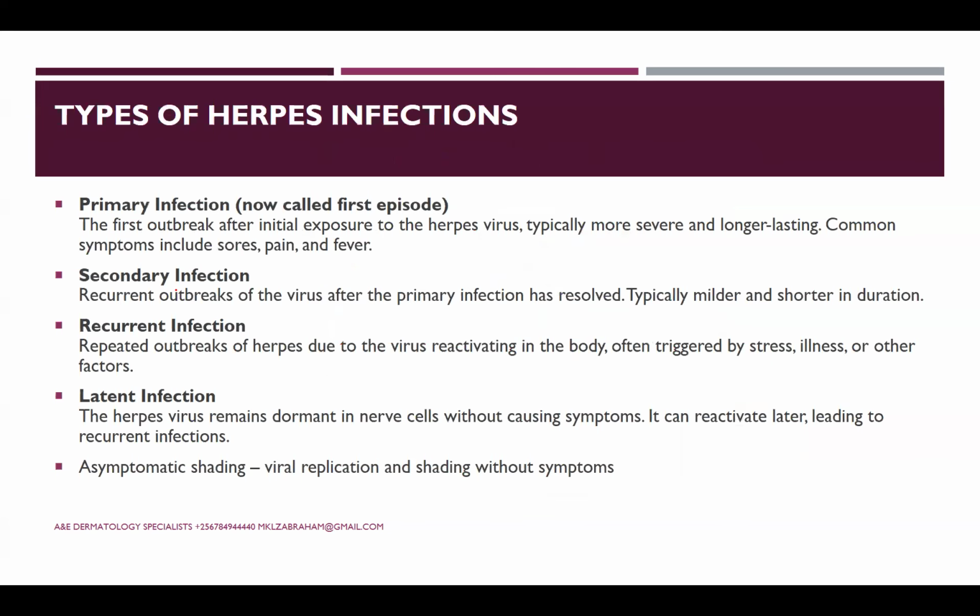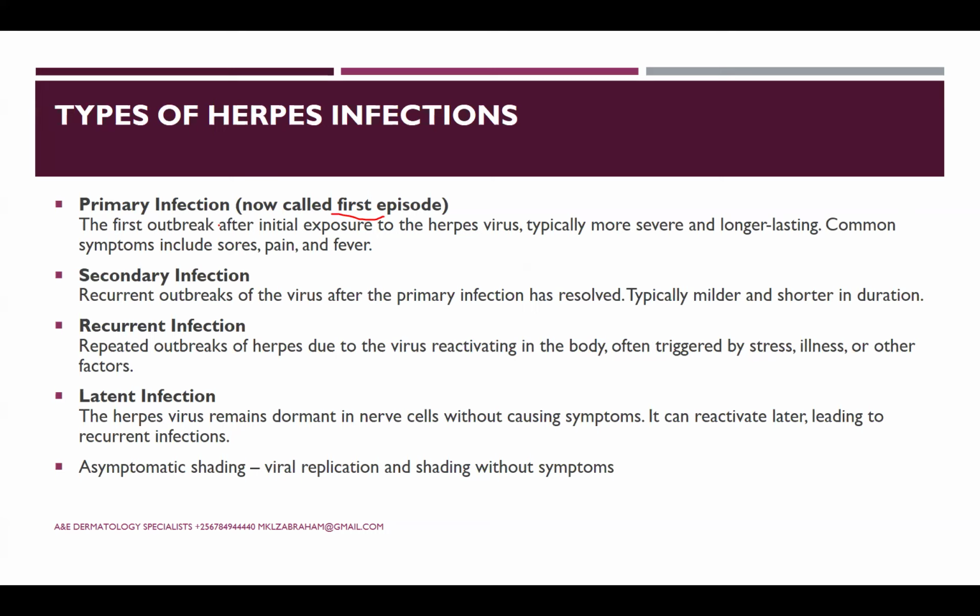When we look at herpes infection, we usually classify it into 4 types. The first one we call the primary infection, which is now called the new episode, or the first episode that an individual gets. This occurs when you get exposed to an infected person, or you get it from your mother during the process of birth, or through sexual contact.